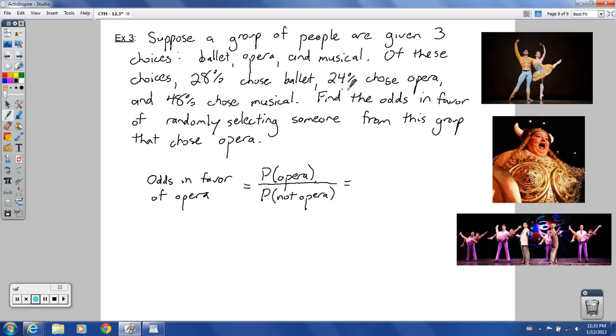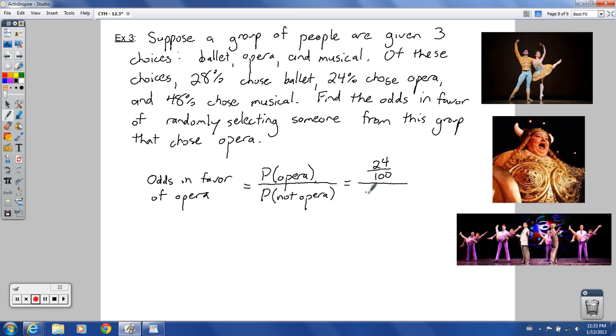If you're talking percent, you're talking per 100 cent. Think of cents in a dollar. Think of century. You have 24 out of 100. It doesn't mean there were 100 people in the group necessarily. It just means that 24 out of every 100 people that might be in the group chose opera.